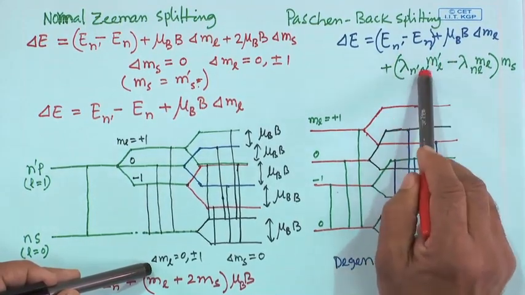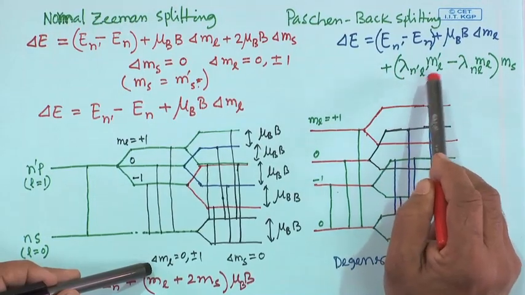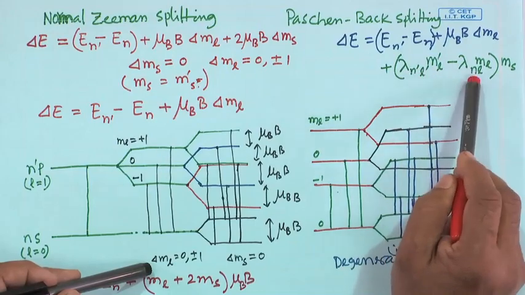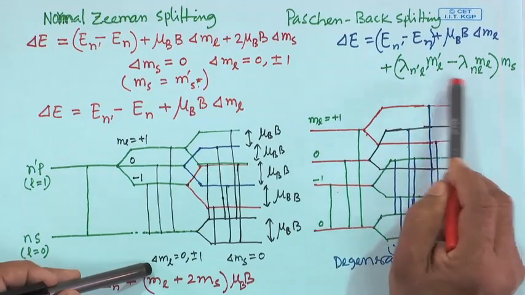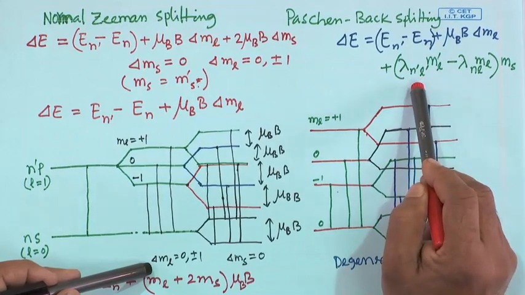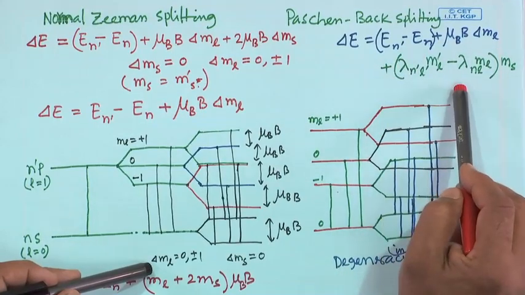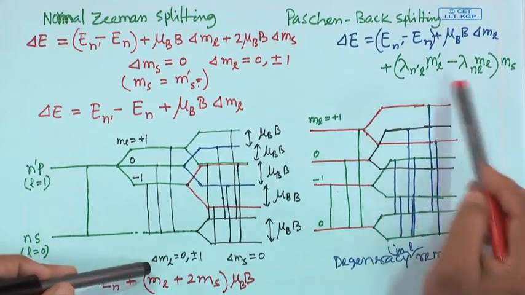So, here lambda n L and lambda n' L' have different values, and it depends on L and n also. Okay. So, this change of energy is asymmetric.